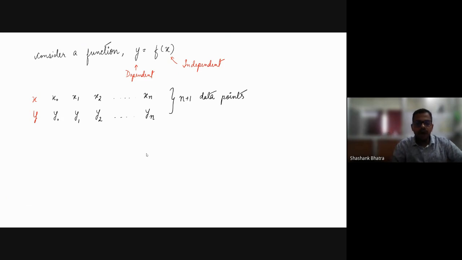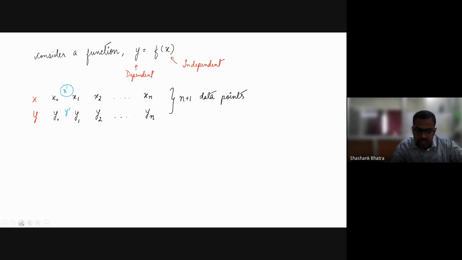Now if I want a value to be somewhere in between this space, suppose x dash, I want to interpolate the value of the dependent variable, which will be y dash. So I have the data points. I want the value of y dash for a known x dash.